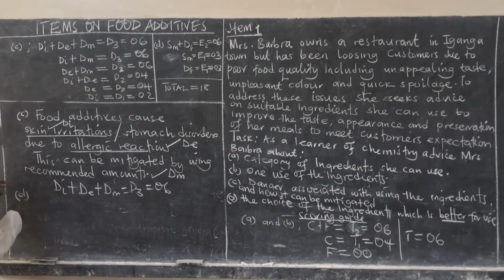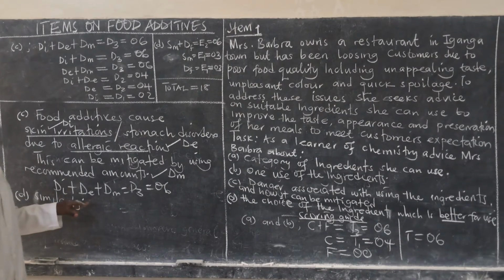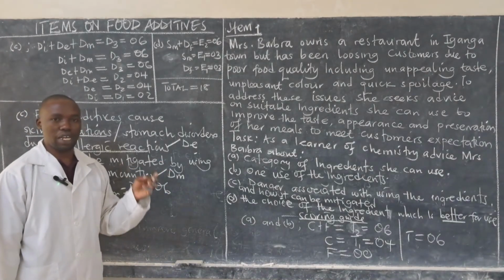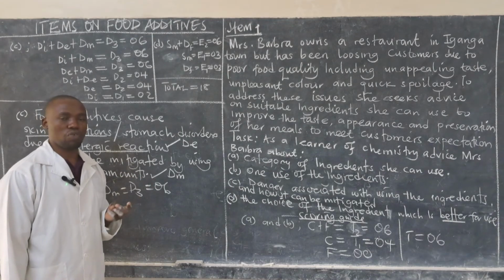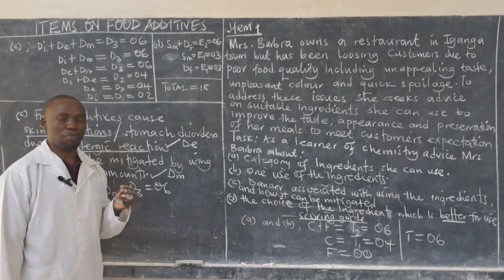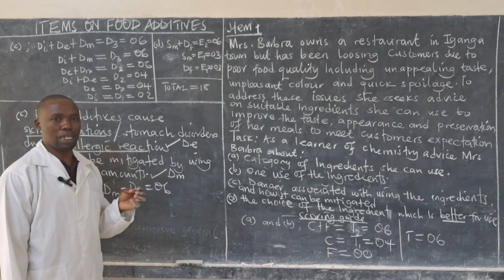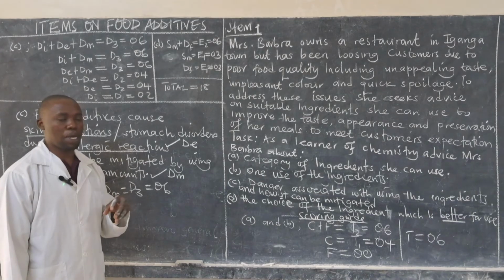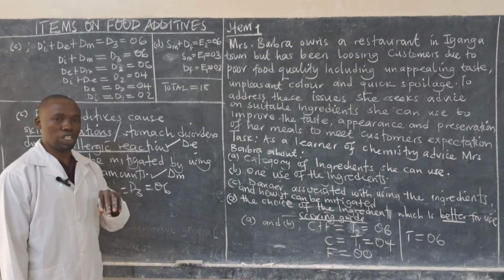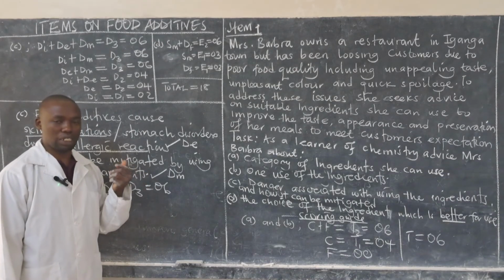So let's look at the similarity. Similarity lies in the definitions of the various categories of food additives. What do preservatives do? Increase the shelf life. So they both increase the shelf life, because whether preservatives, antioxidants, or sweeteners, all of them can be obtained naturally or synthetically. So the purpose of each of them means similarity in the natural sense or the synthetic sense.